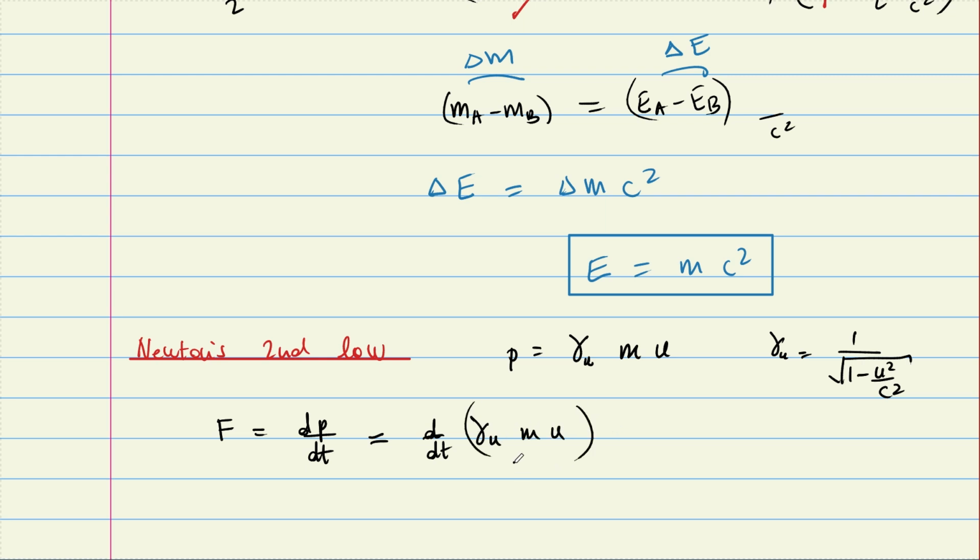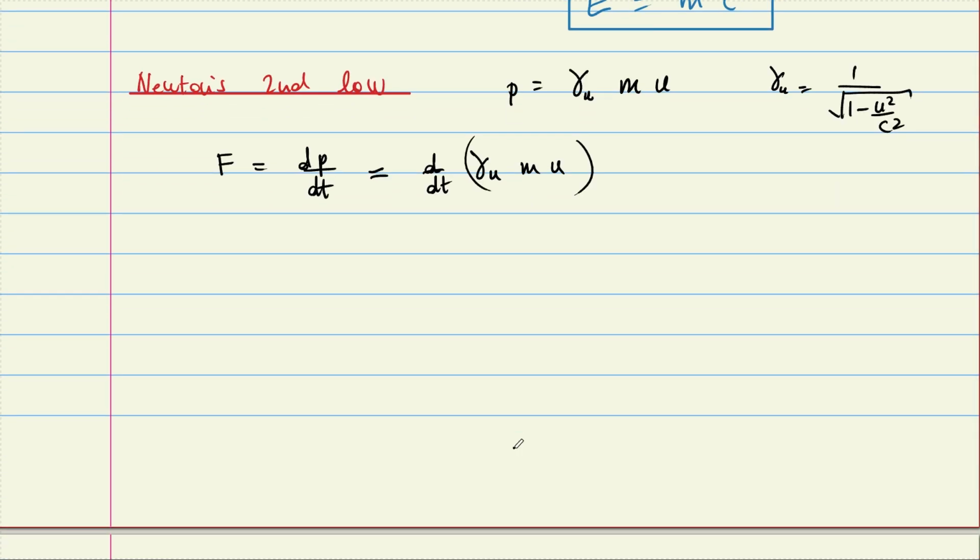And I need to take the derivative of this entire thing. Actually, let me write it so that we see what we are taking the derivative of. So I'm going to take the derivative of this and then the derivative of that, and I'm going to simplify.